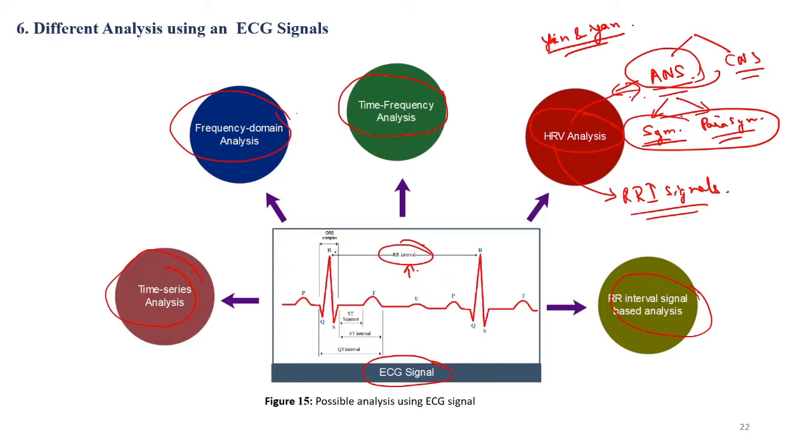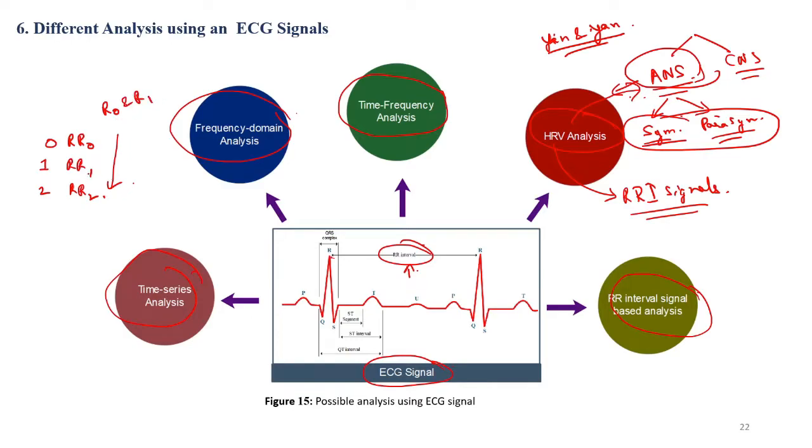So suppose over here we say the first RR interval at 0 second is RR1 or say RR0. Then in the first second it would be RR1. Okay, second it will be RR2. In this way it would go. Okay, so RR0 is the RR interval between the R0 and R1 peaks.